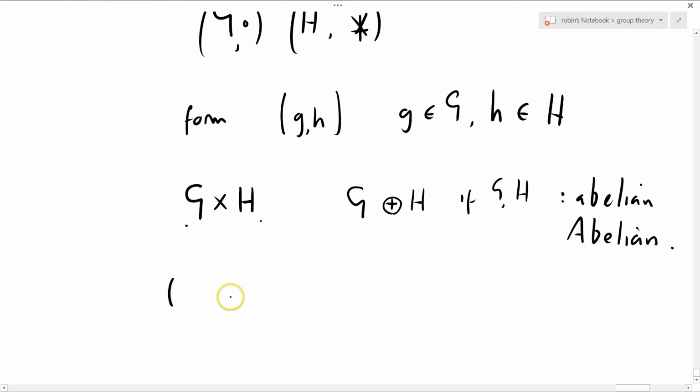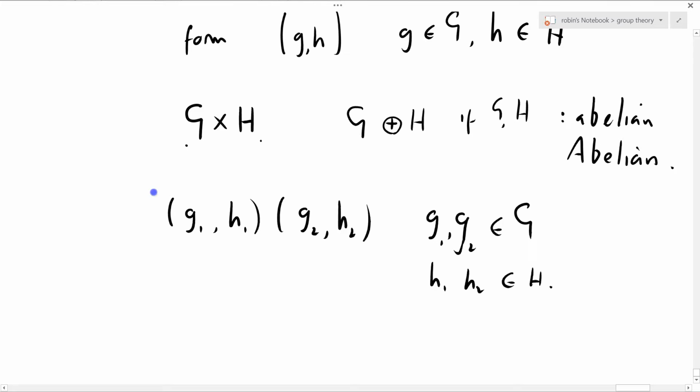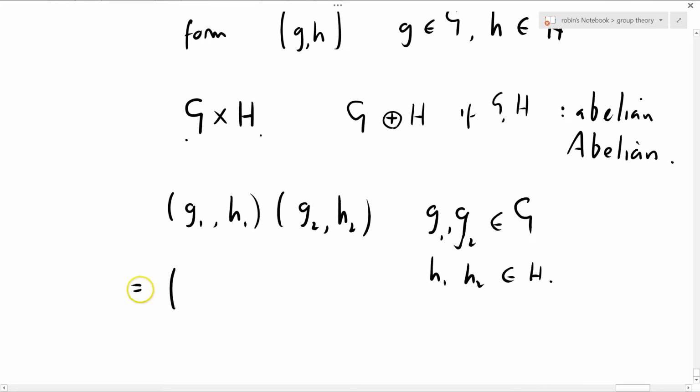We need to define a multiplication, so (g1, h1) multiplied by (g2, h2), where g1 and g2 are in G, and h1, h2 are in H. You just multiply those component-wise: (g1 g2, h1 h2).